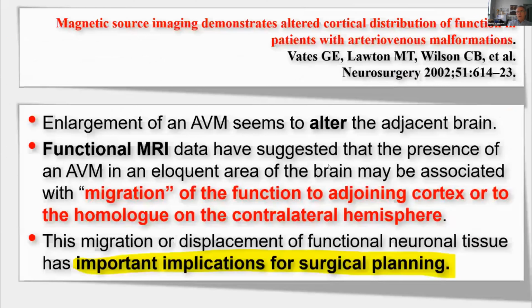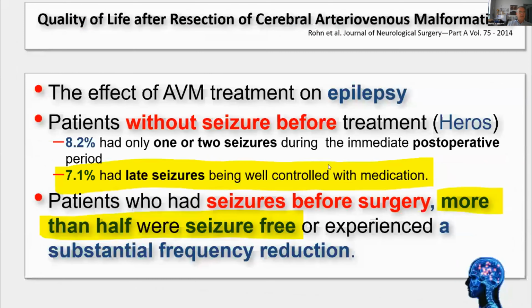Also because although in a child there is maybe the fear that something can be damaged, the capability of a child to compensate and to reorganize the function in the brain is much higher than in adults. Plus, epilepsy can also be a problem for AVM.